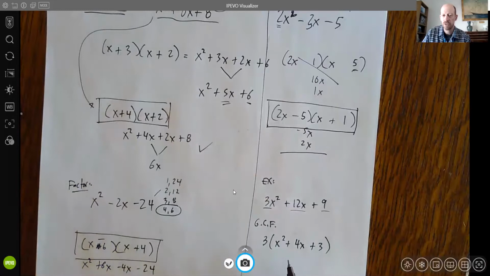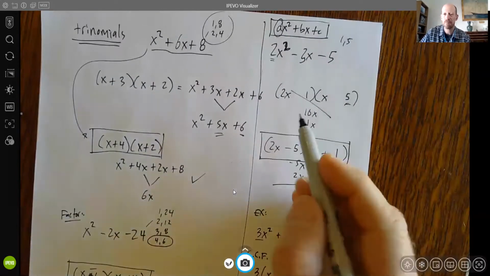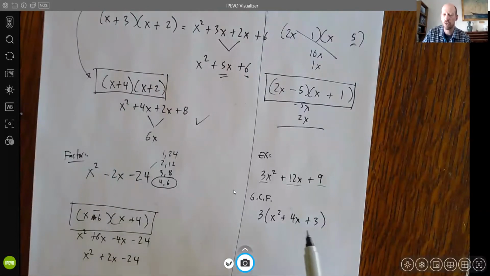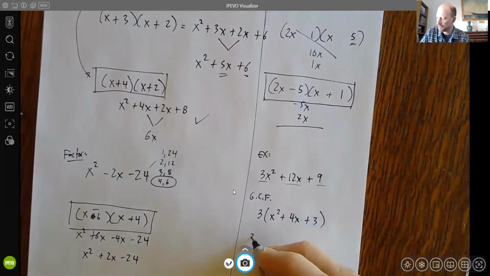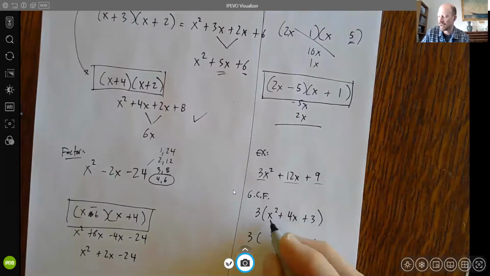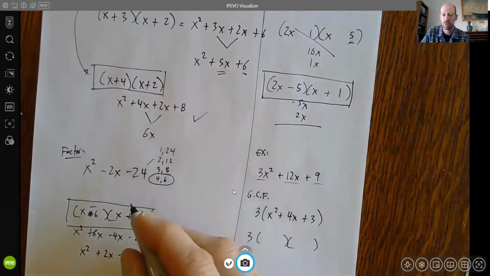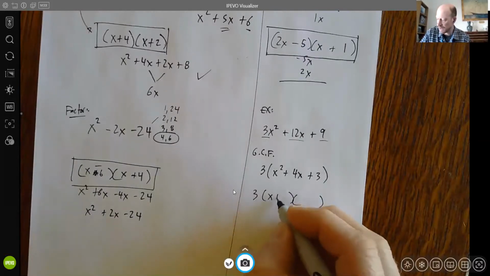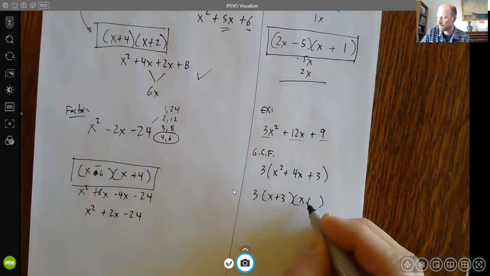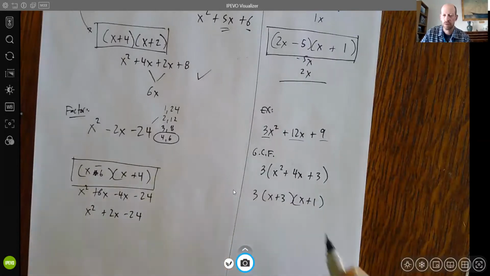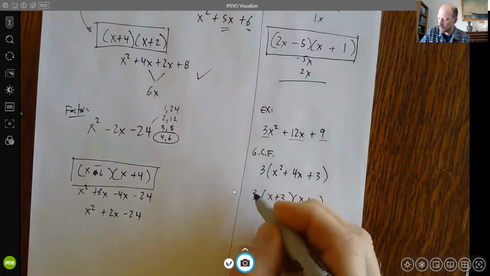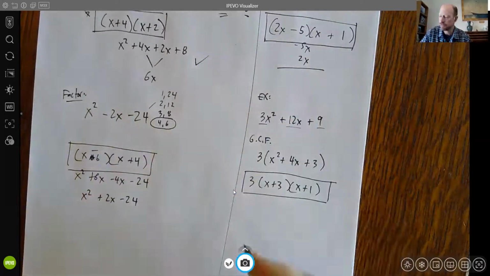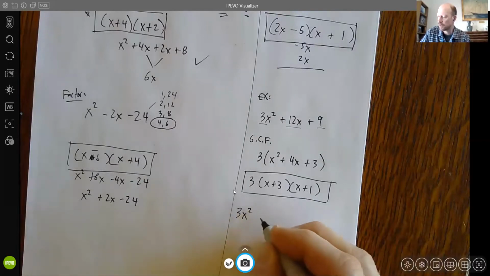There's a 3, but that 3 is not part of just the x squared. This 3 is a GCF. It's in front of the whole trinomial. So what I can do is just factor this x squared plus 4x plus 3 just like I would have over here. And this one's actually a nice one to factor. It's just (x plus 3)(x plus 1). This is a very different problem than this one.